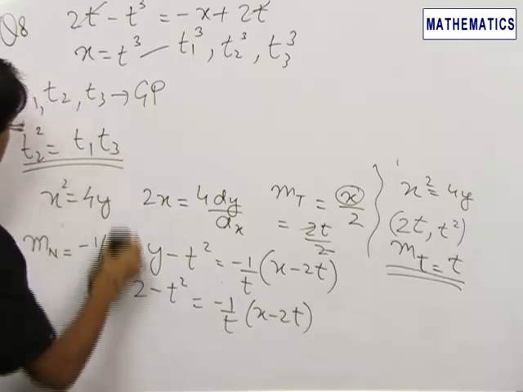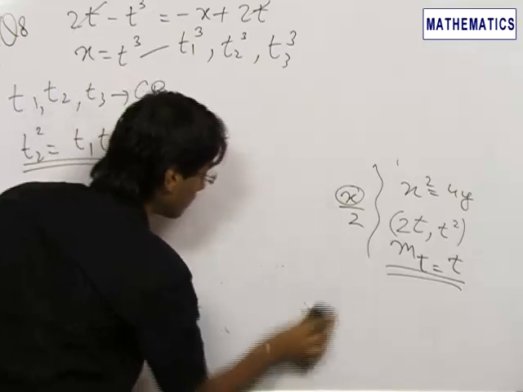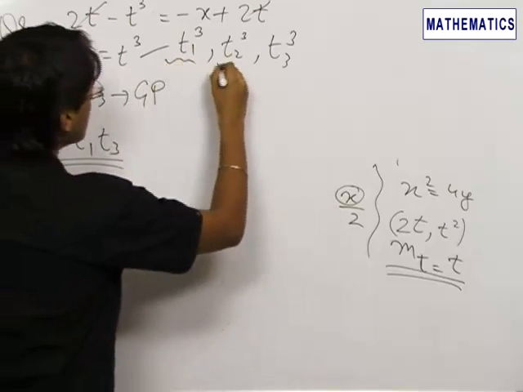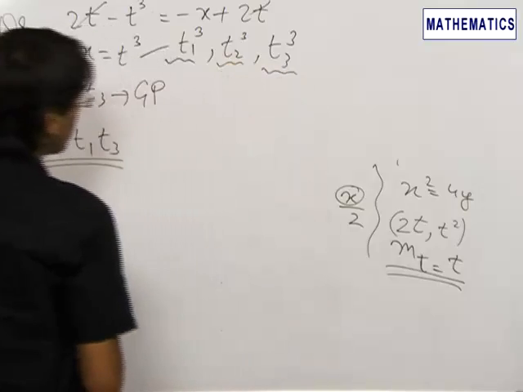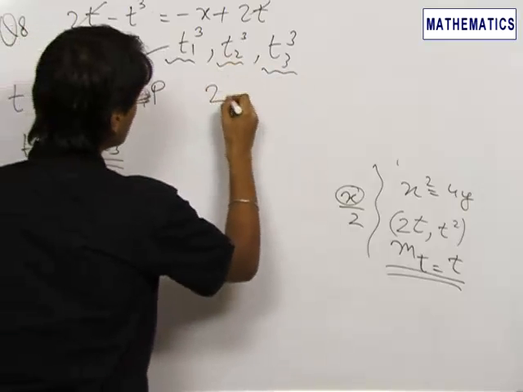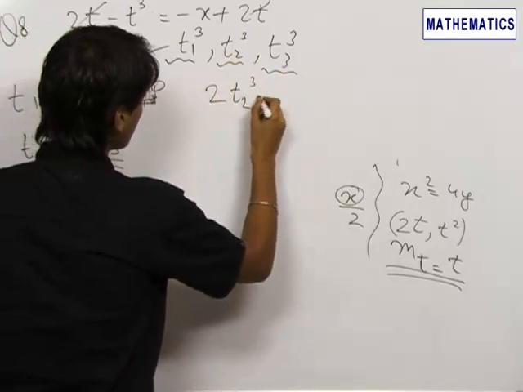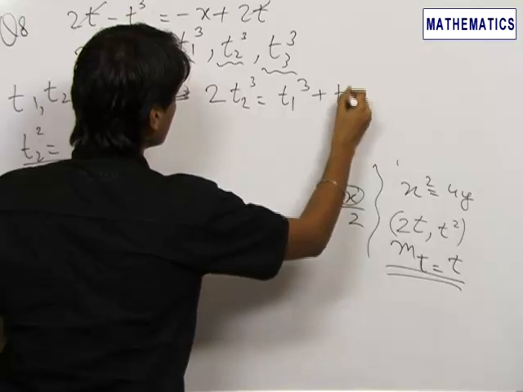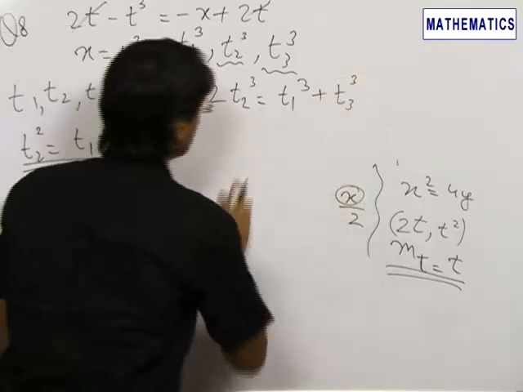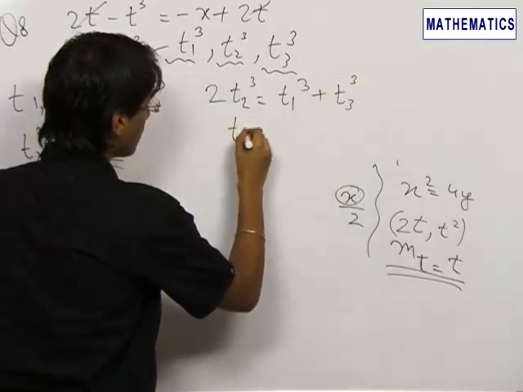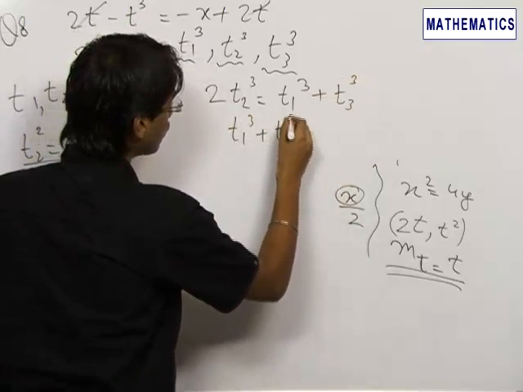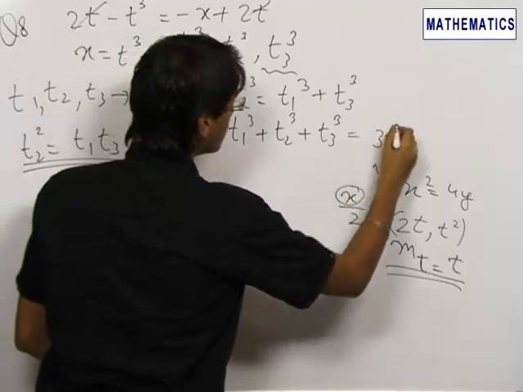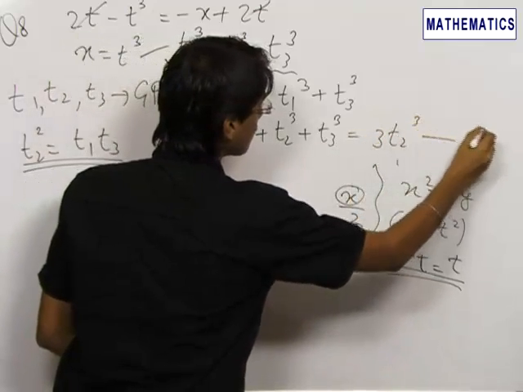And the information which we have is that the abscissas of the co-normal points, that is t1 cube, t2 cube and t3 cube, are in AP. That is, 2t2 cube is equal to t1 cube plus t3 cube. That is, t1 cube plus t2 cube plus t3 cube is equal to 3t2 cube. This is our first equation.